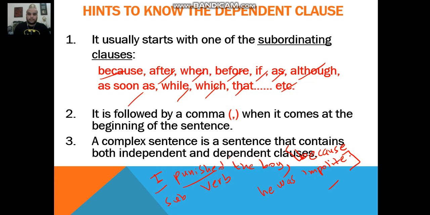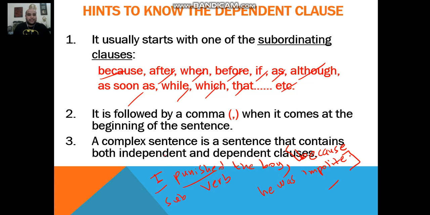Because he, who was impolite? And what happened to him because he was impolite? So that's why this is a dependent clause. It's not an independent one. It cannot stand by itself.